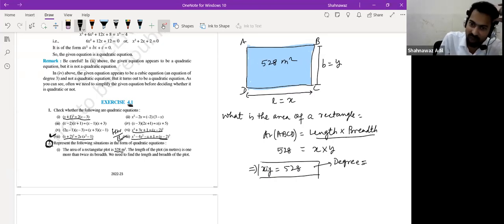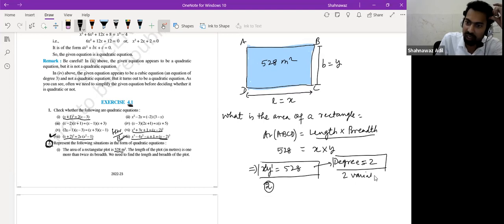You see the power of x is 1, and power of y is 1. So 1 plus 1 is 2. So the degree is 2 here. So this is a quadratic equation, but not in one variable, in two variables.